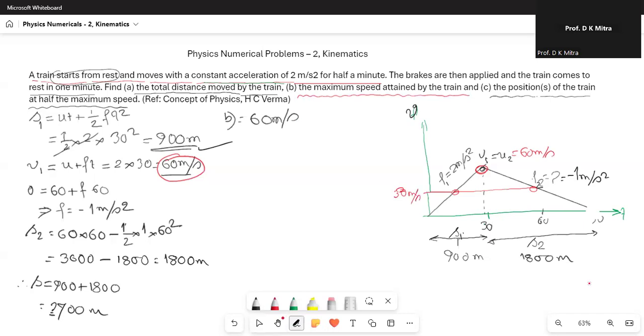Let us consider the distance from here to here to be S3. We can easily find this distance by using the equation once again.